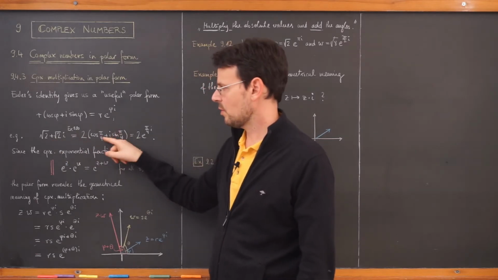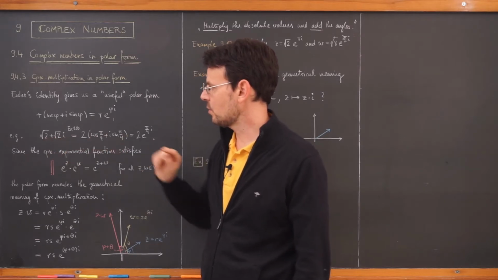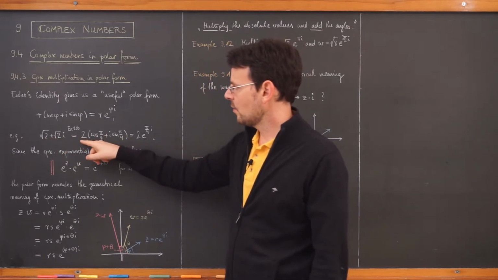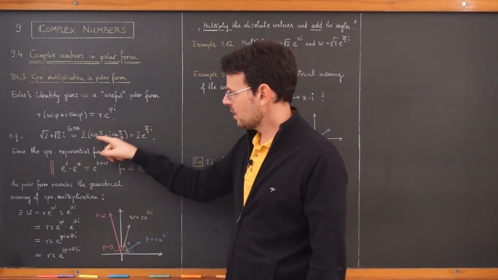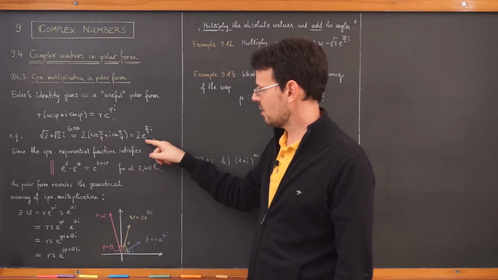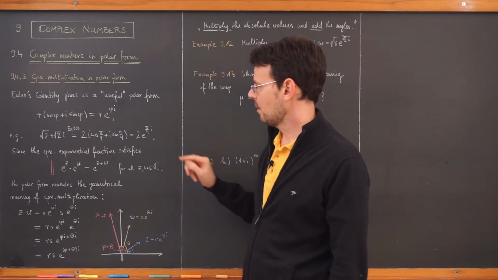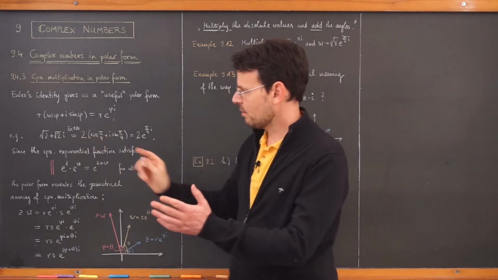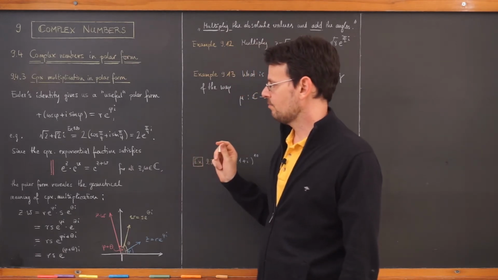The useless polar form of this complex number, square root 2 plus square root 2 times i, would be this here. But now, magically, by Euler's identity, this clumsy expression transforms itself into 2 times e to the pi over 4 times i. And 2 is the length of the arrow, so the absolute value of the complex number.